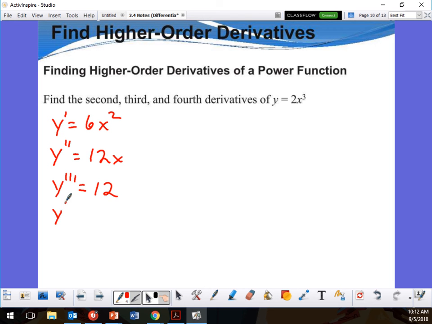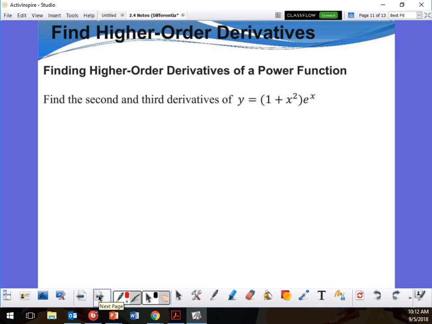And y to the fourth is... I don't even know what the fourth represents. I looked it up before. I don't know. Maybe change in jerk. I don't know. Okay.